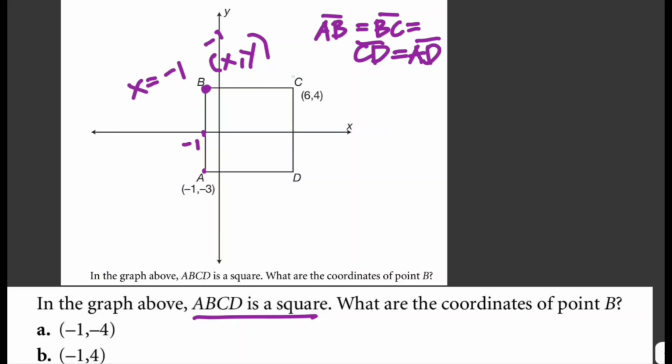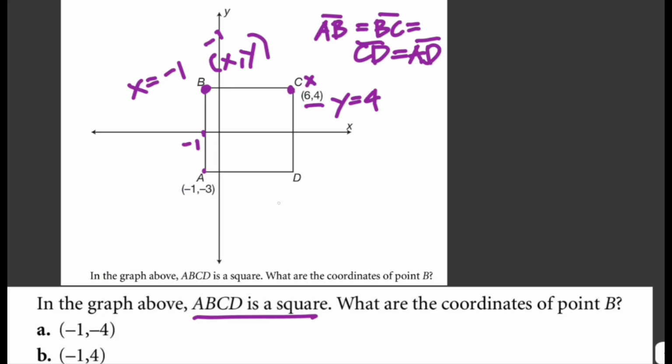And we're also given another point, point C, which is 6, 4. So the x coordinate of point C is 6 and the y coordinate is equal to 4. Since point B here is the same distance from the x-axis as point C, the y-coordinate of point B is the same as the y-coordinate of point C, which is 4.